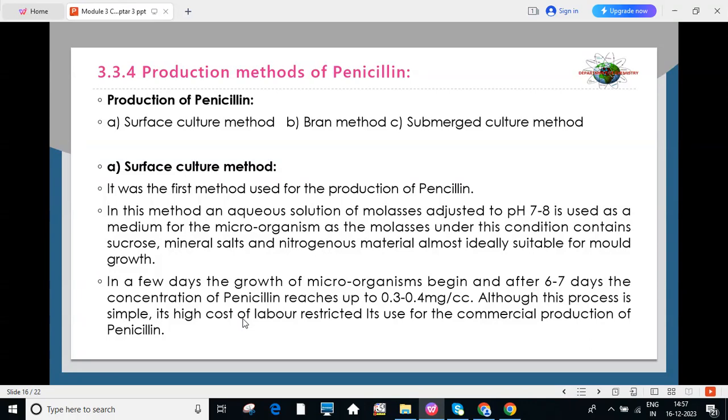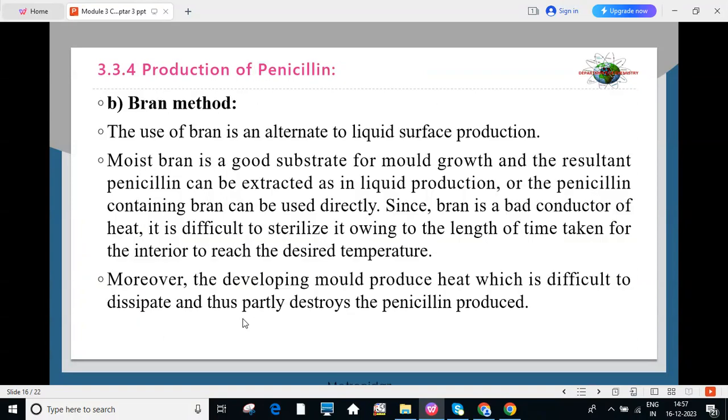In a few days the microorganism begins to grow, and after 6 to 7 days the concentration of penicillin reaches 0.3 to 0.4 mg per cc. Although this process is simple, its high cost of labor restricted its use for commercial production of penicillin.